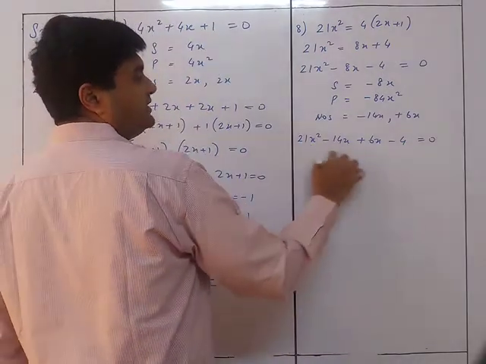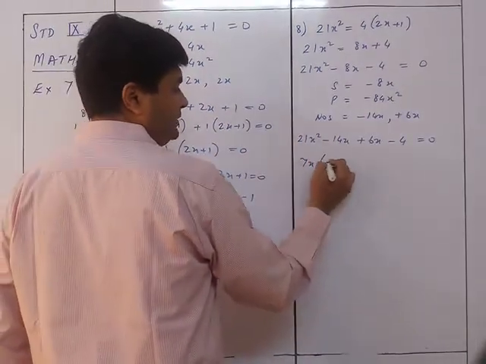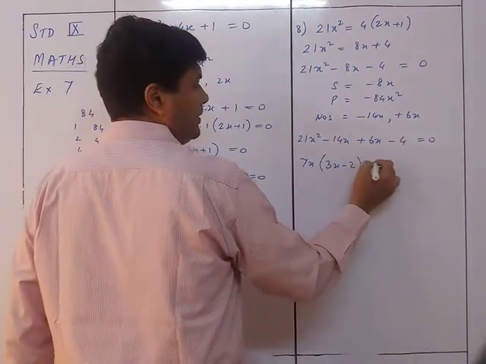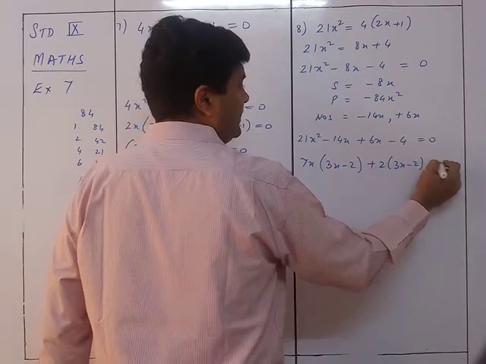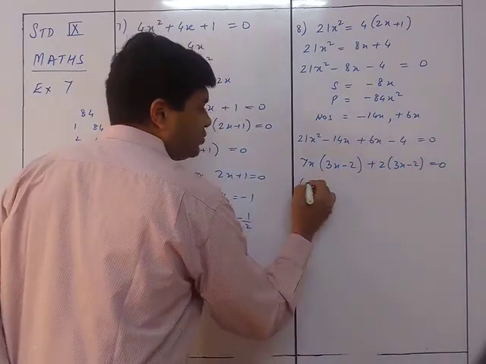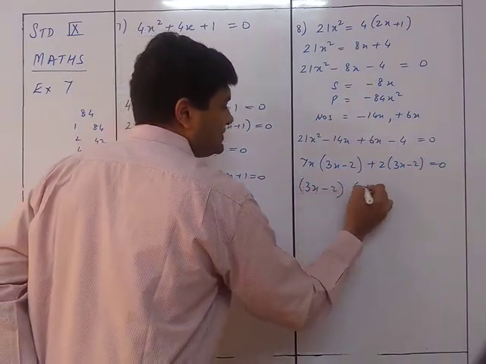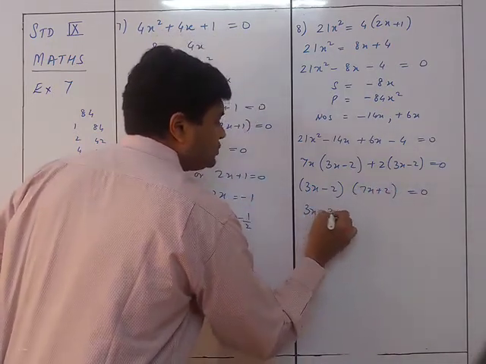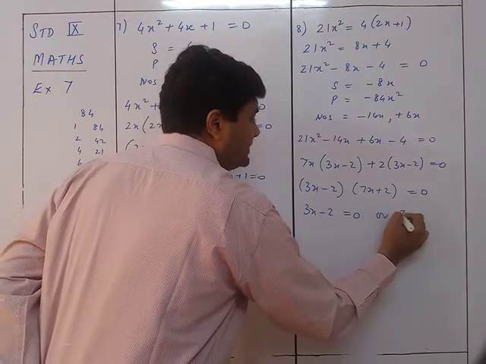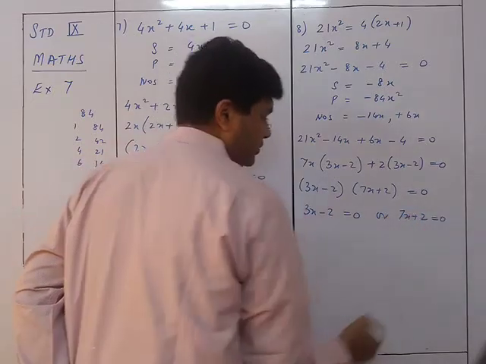Here x is common and 7 is common. So 7x common, 3x − 2, plus this is 2 common, so it will be 3x − 2 = 0. So that gives me (3x − 2)(7x + 2) = 0. So 3x − 2 = 0, or 7x + 2 = 0.